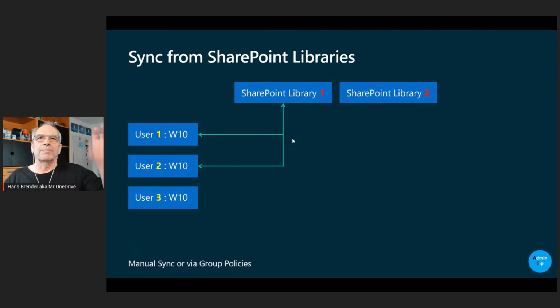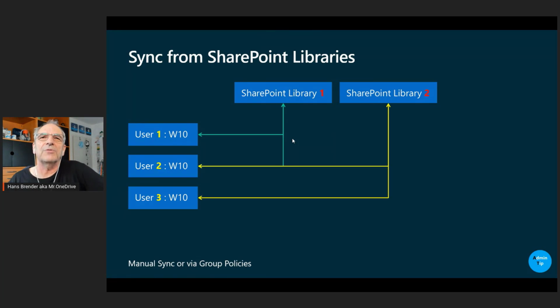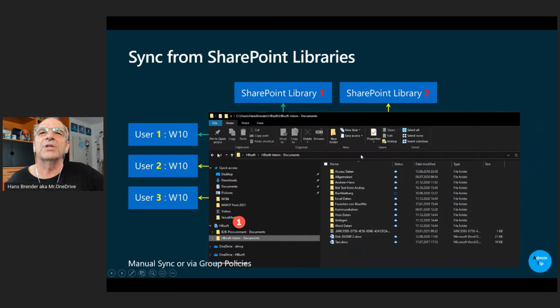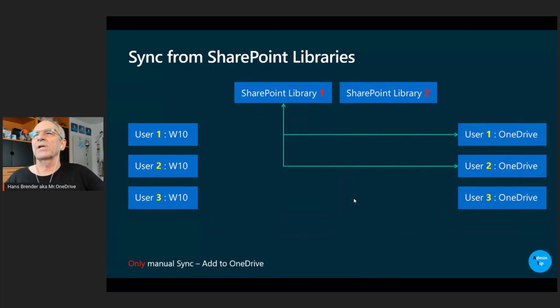But anyway, putting it together, that's the old manual sync via group policies. We have the possibility that different users have different access to the SharePoint library. You have access, you go in there, you see that's a document library, you press the button, and then you have the data in there. That's the old style. The new style will come up. I have several users in OneDrive. Look in OneDrive on this Windows 10 machine, but it's the same thing.